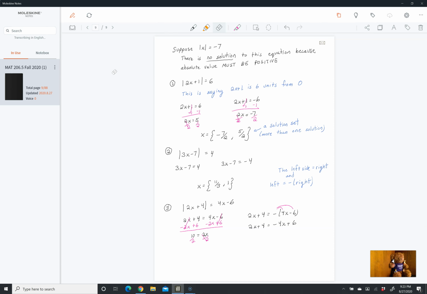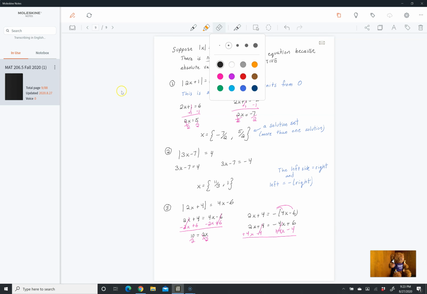And just over here, while I'm in the same color, we can add 4x to both sides. And that means we would subtract 4 from both sides. So the 4x goes away, the 4 goes away, and we wind up with 6x is equal to 2.